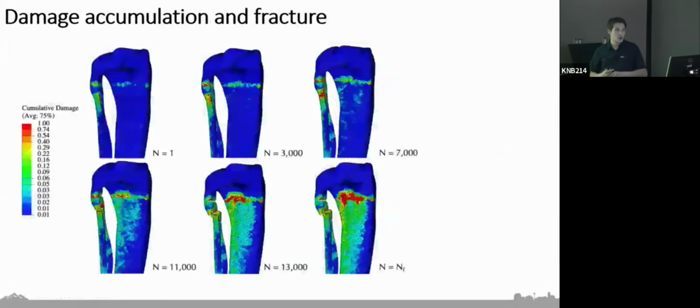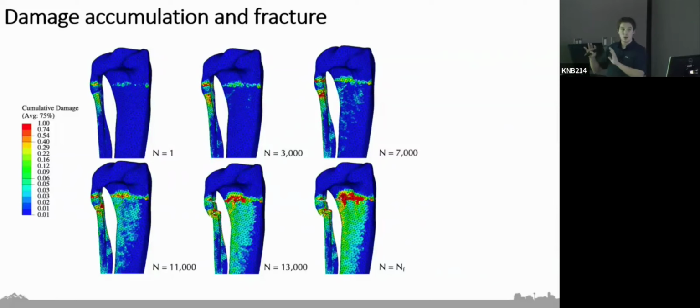And finally, here we show the damage accumulation across the entire fatigue life. Starting from our first loading cycle there on the top left, and all the way through to the final loading cycle at its fatigue life, we can see that with every increase, we're accumulating more and more damage. And what we did is, whenever we saw an element reach a particular critical damage threshold, we went ahead and removed that from the simulation.